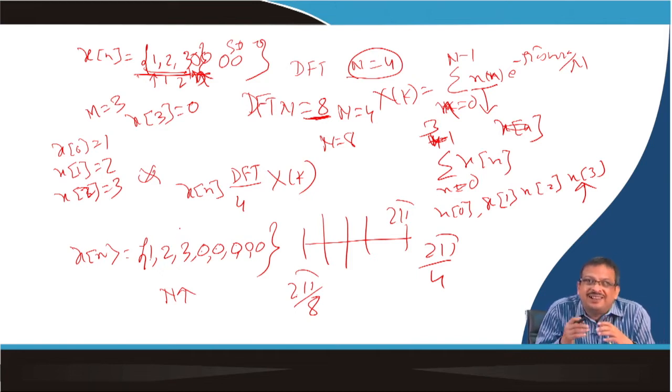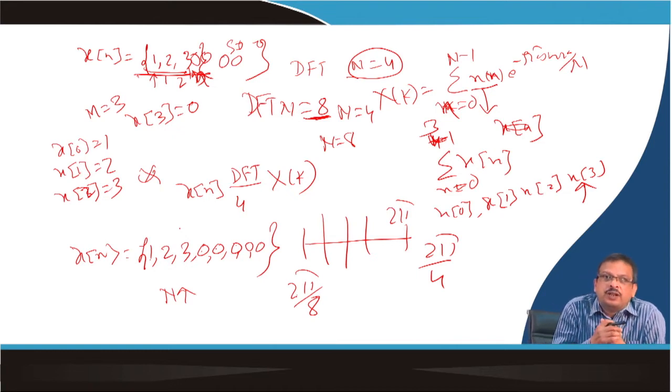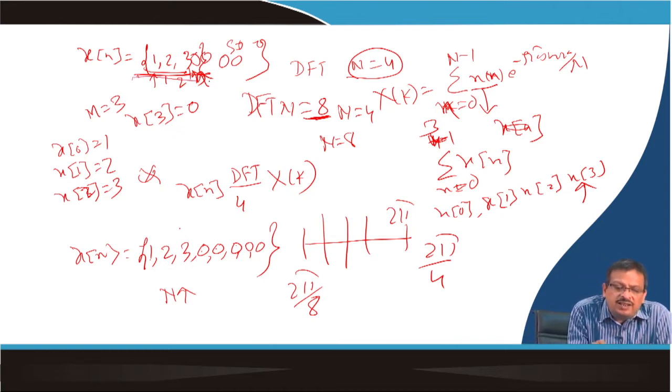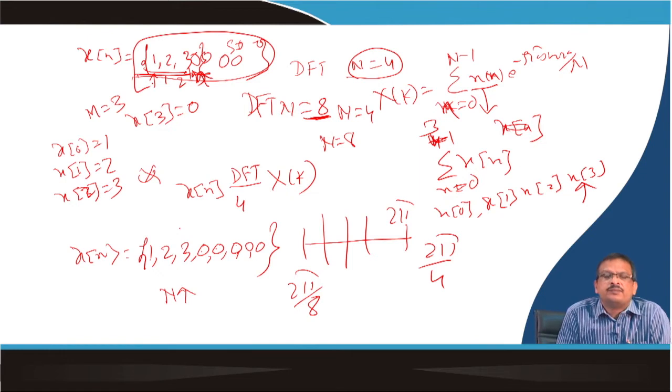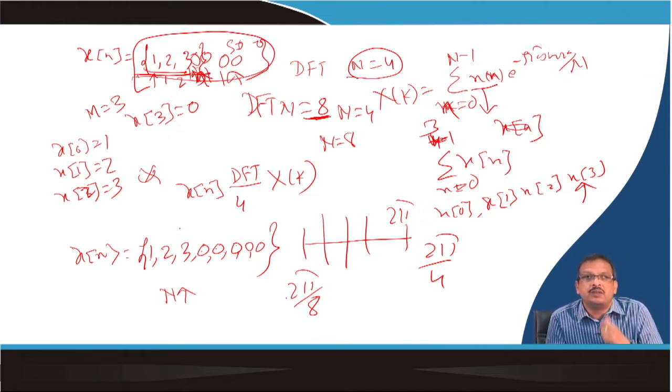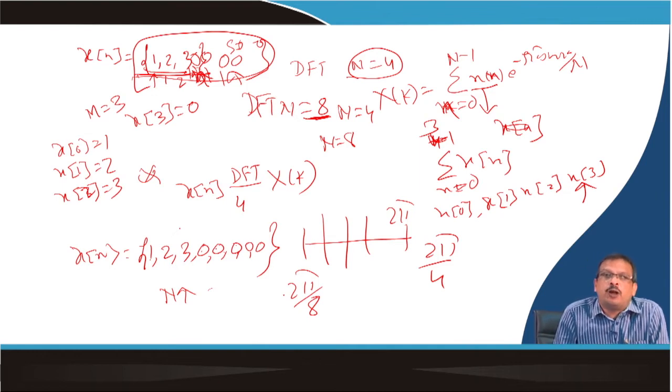So I am increasing the frequency resolution, but signal-wise there is no change. Once I insert the 0s, it doesn't change the signal, but it improves the frequency resolution. But the problem is that it also increases the computational complexity.